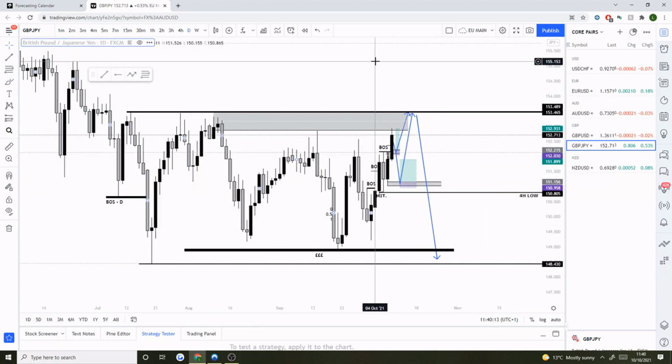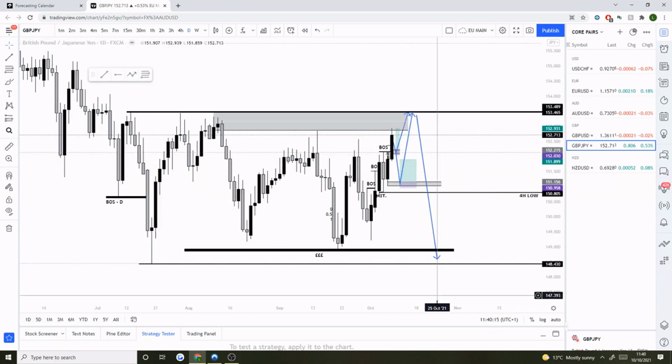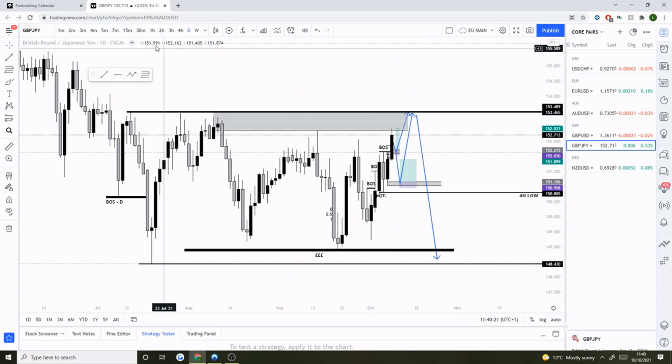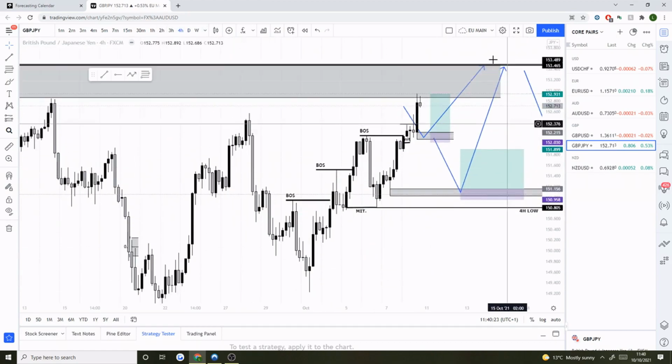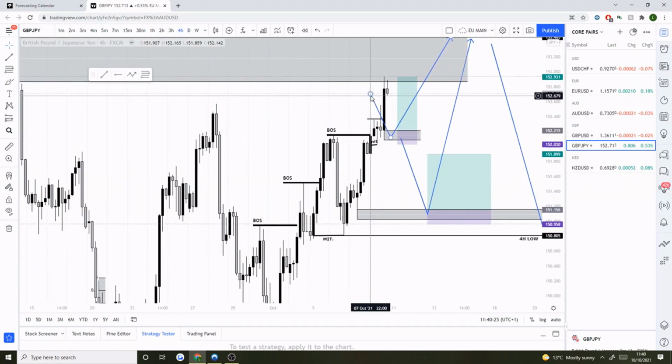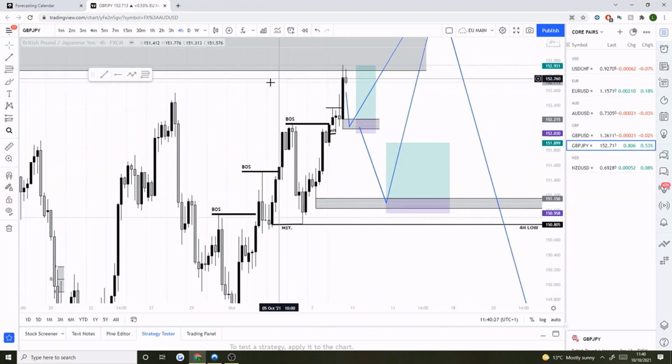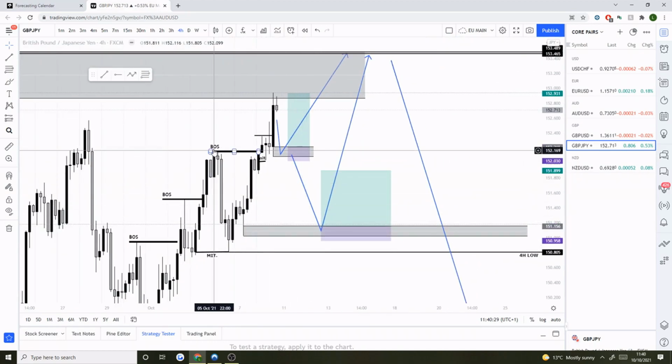But on the daily, overall, I'm still going to be expecting that we will be breaking this low before we break this high. So I'll be looking for sells in terms of the daily. But then on the 4 hour and the 2 hour, I can clearly see that we've got bullish order flow. In terms of the 4 hour structure, I'm looking at buying out of this wick.